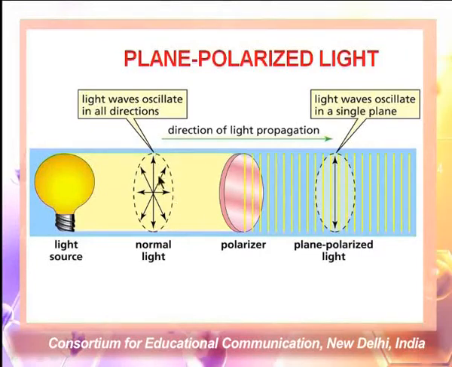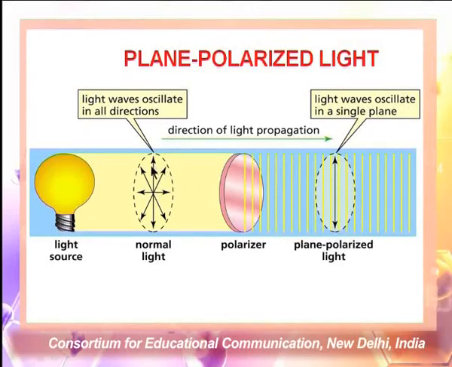And when we pass this light through a polarizer, which can be a Nicol prism, the light coming after passing through the Nicol prism, the waves start oscillating only in one direction, which is perpendicular to the path of propagation. Like this is the path of propagation, and these waves are oscillating in a direction perpendicular to the path of propagation, and this light is now known as plane polarized light.